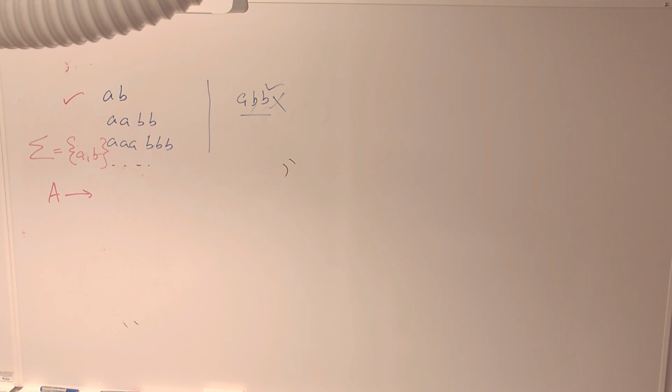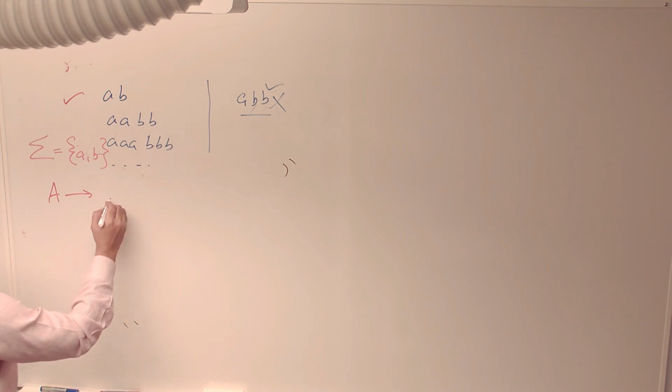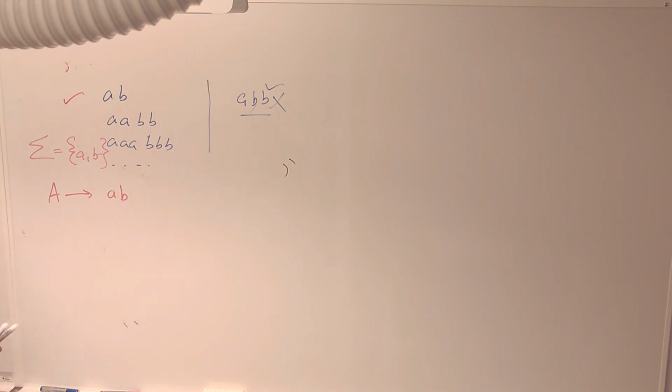The important part in that definition is that the number of A's and B's must be greater than zero, so at least one. So the base case is this one, AB.